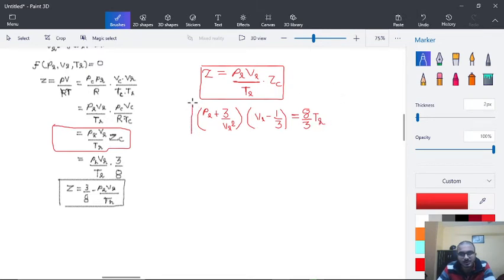These are the two equations that we have already discussed, and we are going to combine these two equations.